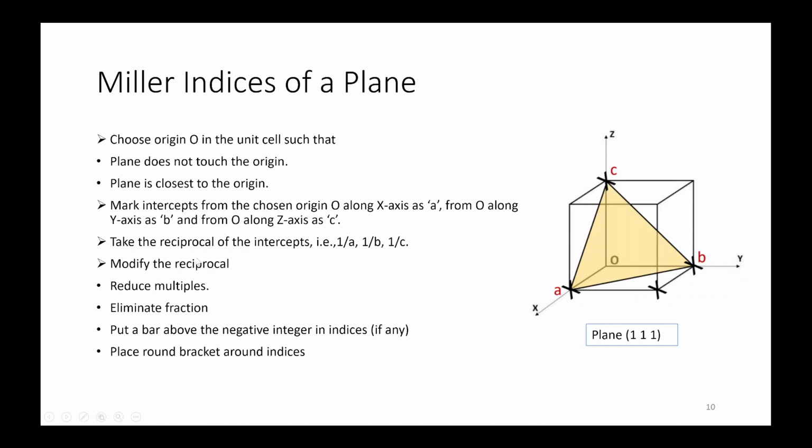Then you have to modify the reciprocals: if those are in fractions, you have to eliminate the fractions by multiplying with a number so that they all become integers. Then you also have to reduce multiples, and then put your integers in brackets, and if it is negative then you have to put a bar on it. So in this case your plane is (1 1 1).